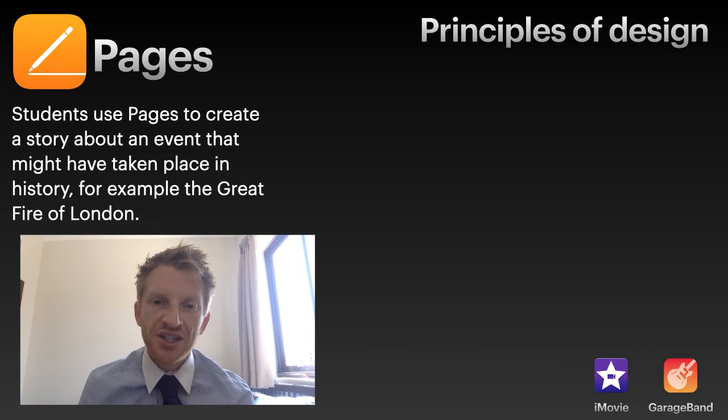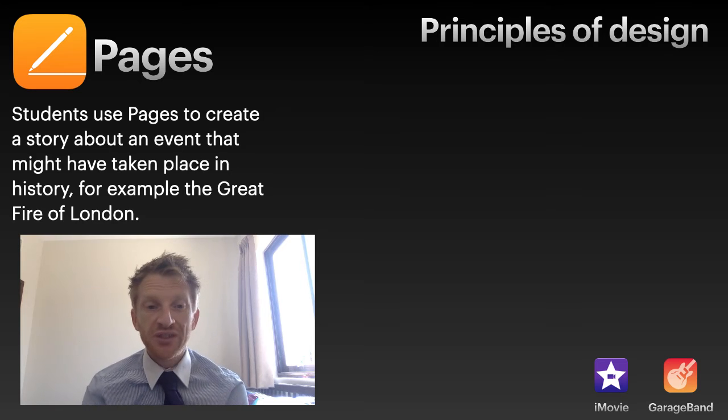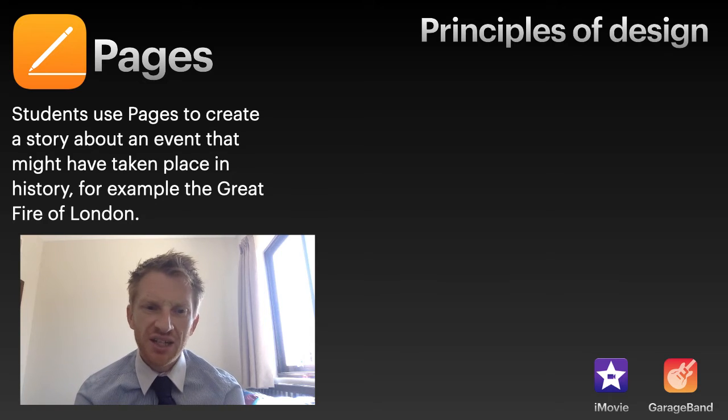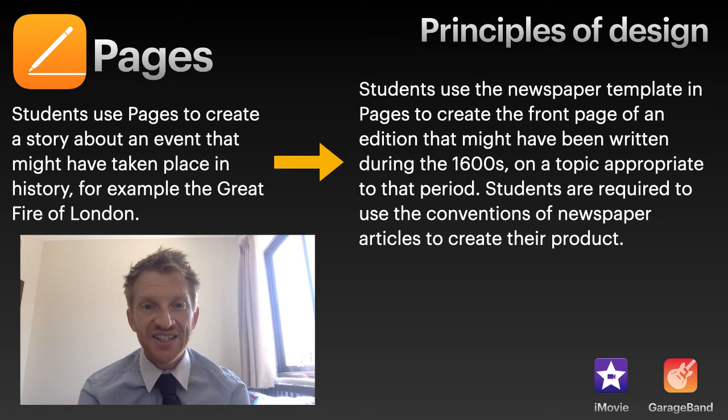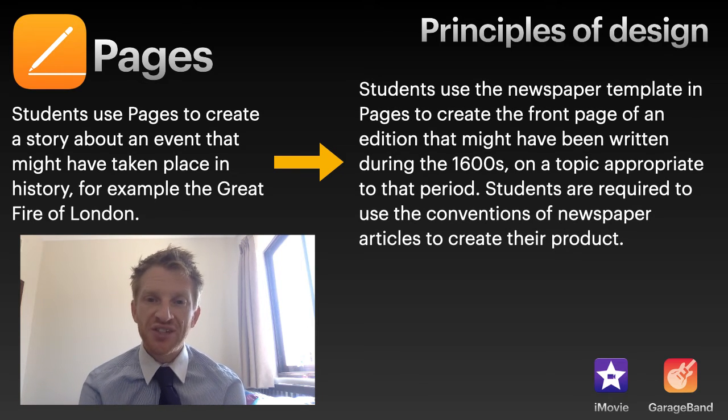Let's return to Pages, but this time let's explore principles of design. The students are using Pages to create a story about an event that might have taken place in history, for example the Great Fire of London. Let's extend that task now to bring in some principles of design as well.